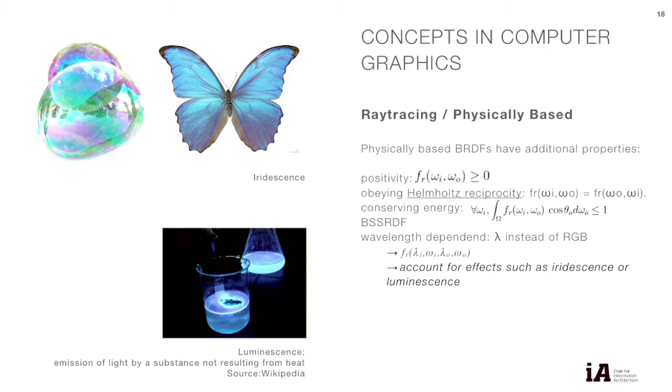So, for instance, the soap bubble or the luminescence. Maybe you've seen that already when somebody drove by with a special painted car. First it's red, and then once passed by it's blue. So that's this effect.